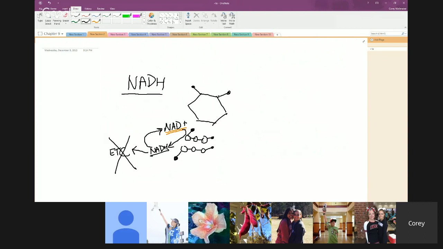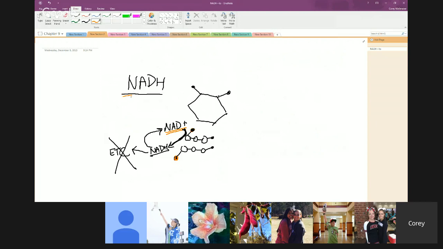Remember that when the NAD plus oxidizes G3P, that energy that's released is used to add a free-floating phosphate onto G3P. If that process doesn't happen, the cell cannot get 4 ATP out of glycolysis.